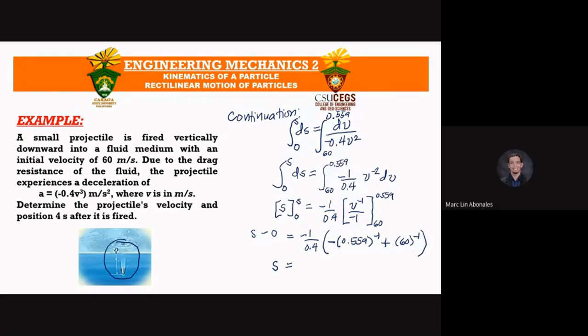Negative 1 times negative 1 plus 4.43. 4.43, sir. Isn't it 4.4306? So, 4.43. Okay, so the answer would be 4.43 meters.